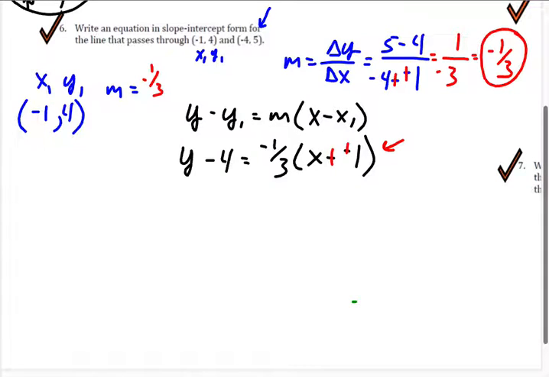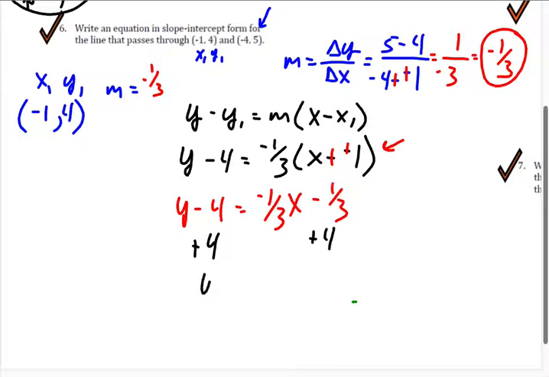So I am going to say y minus 4 equals negative 1/3 x. Well, negative 1/3 times positive 1 is just negative 1/3. The only thing I have left to do here is add 4 to both sides. And I get y equals negative 1/3 x plus 3 2/3.